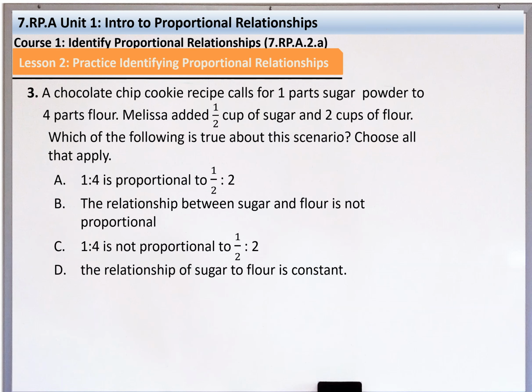All right. Number 3. A chocolate chip cookie recipe calls for 1 part sugar to 4 parts flour. Melissa added 1/2 cup of sugar and 2 cups of flour. Which of the following is true about this scenario? Choose all that apply.